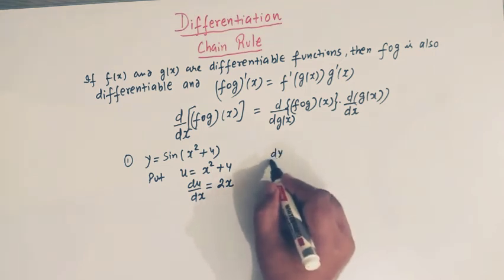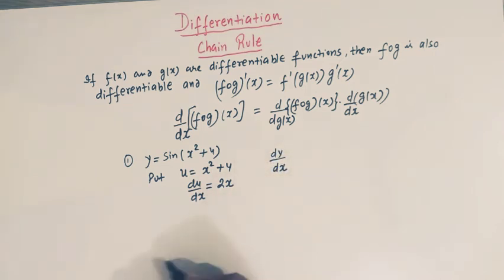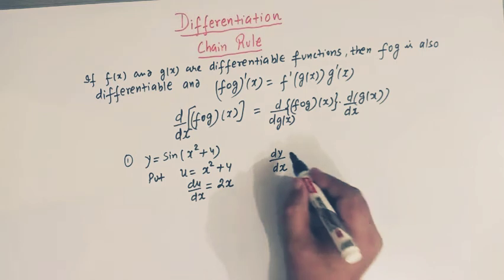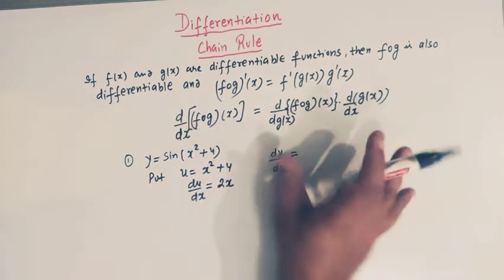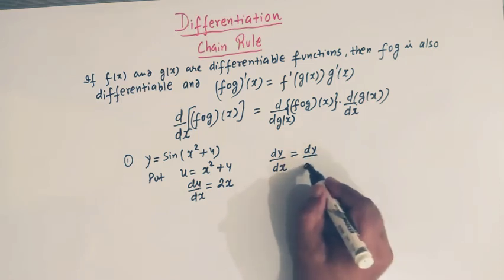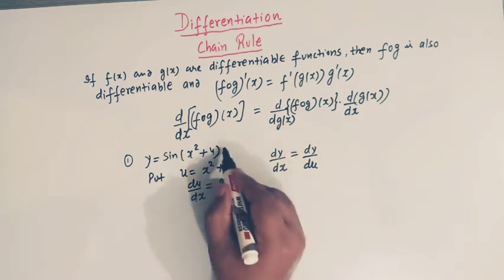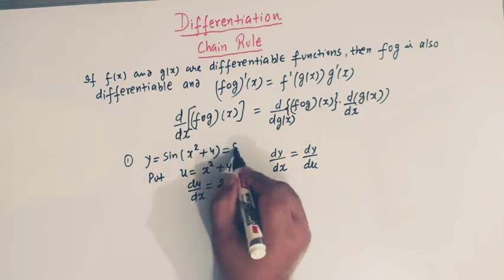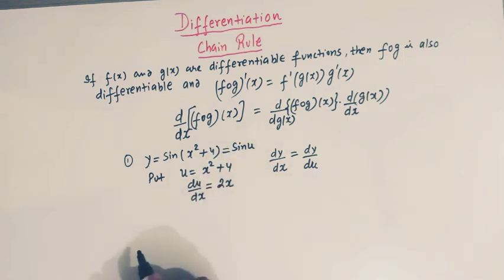So dy/dx can now be written as dy/du times du/dx, because now this function becomes sin u, right?